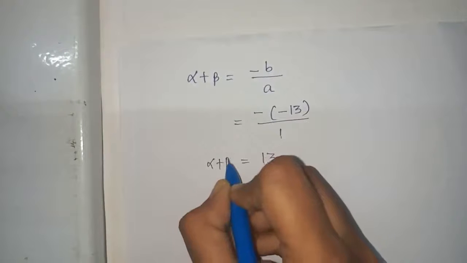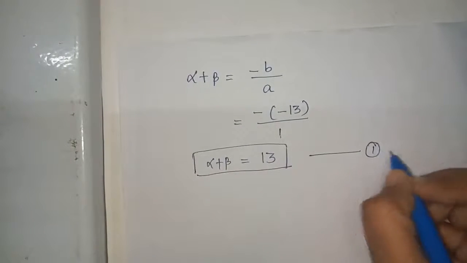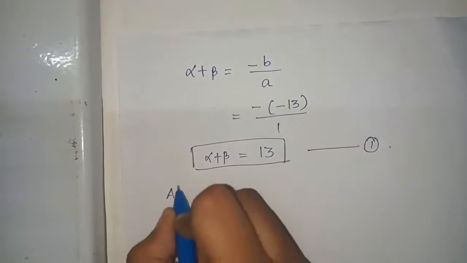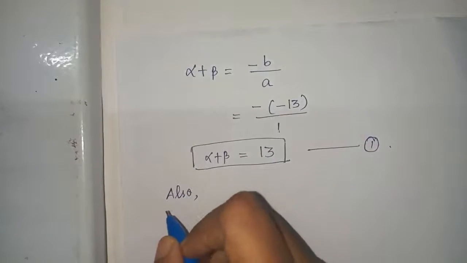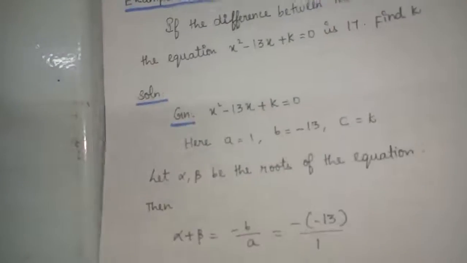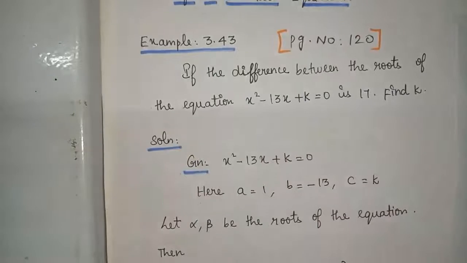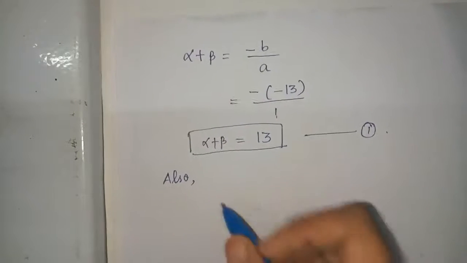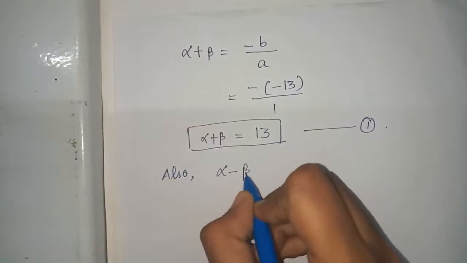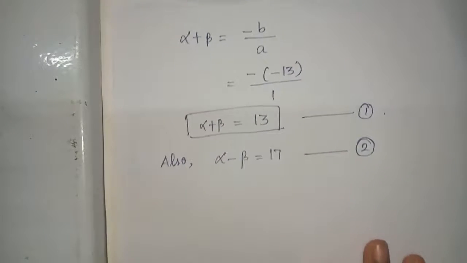So alpha plus beta = 13, which is equation number 1. Also, the question itself says the difference between the roots of the equation is 17. That is alpha minus beta = 17, which is equation number 2.